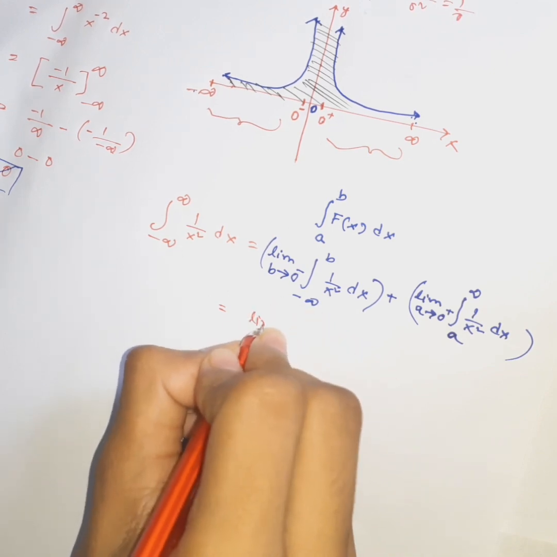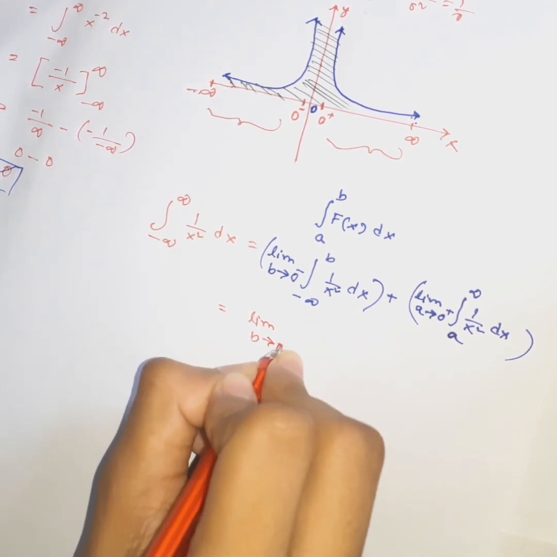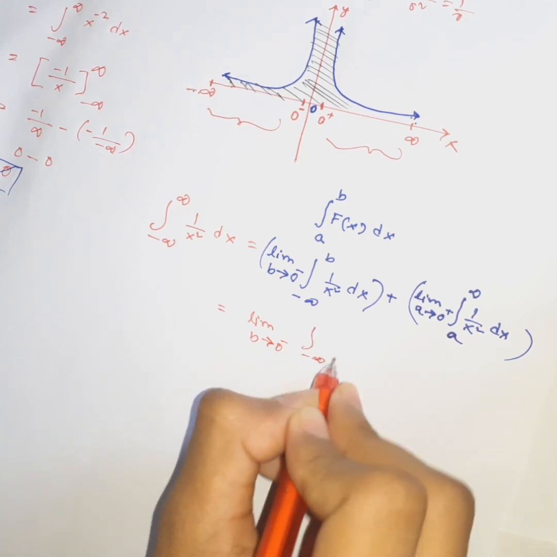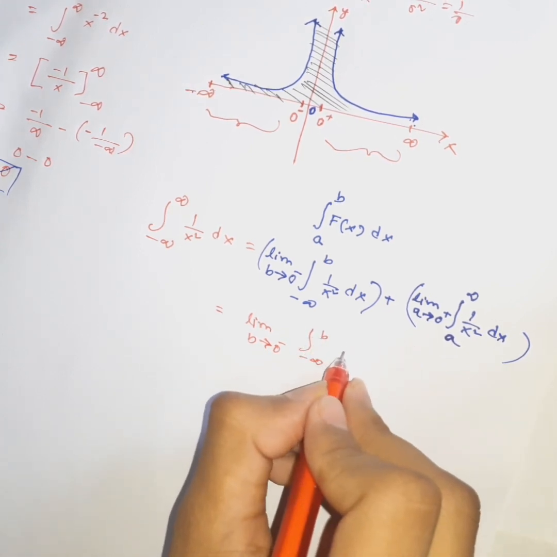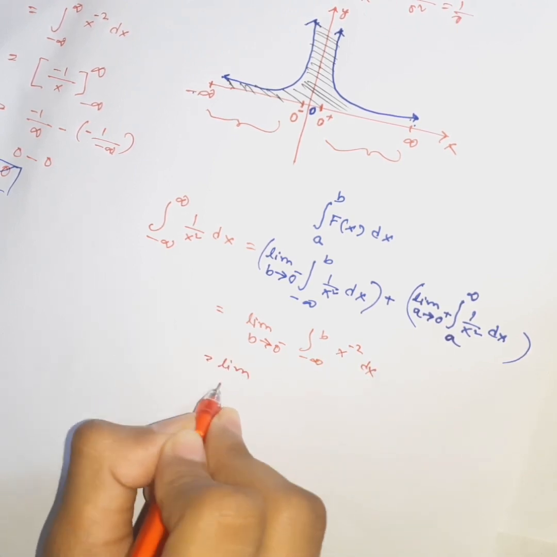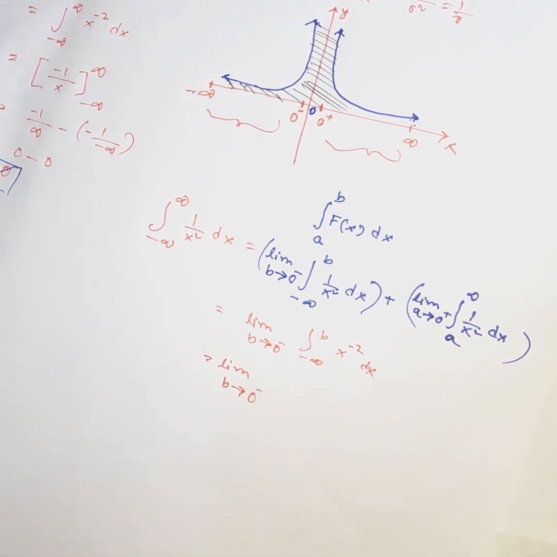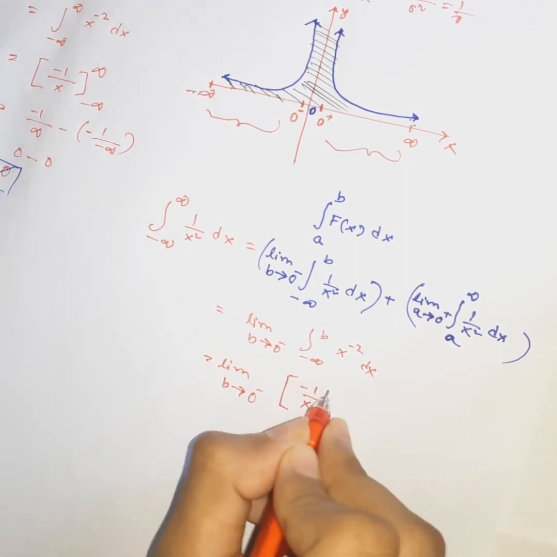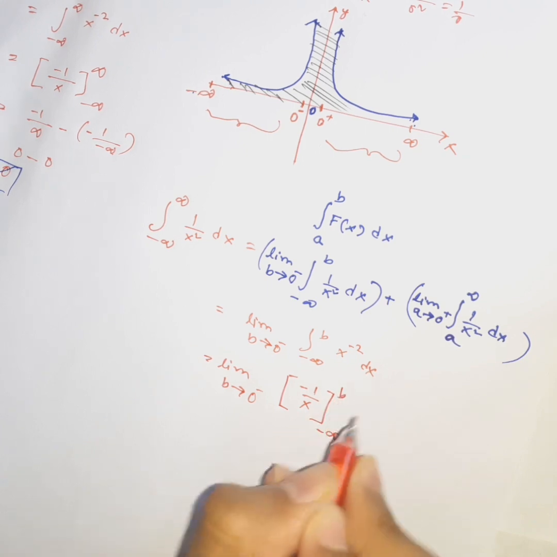Now this is limit b goes to 0 minus, and this is from negative infinity to b, x to the negative 2 dx. This is limit b approaches 0 minus. Now this is minus 1 over x from negative infinity to b.